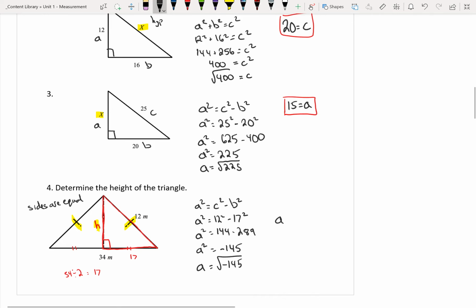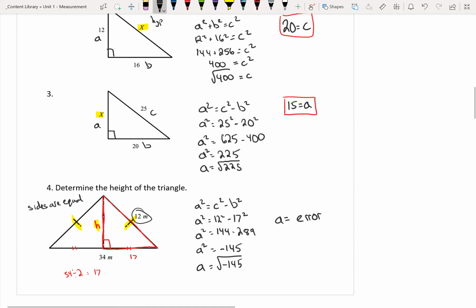And if you try to square root this on a calculator, you should get an error. And the reason you're getting an error is because you can't square root a negative number, which is fine, because if we look back at our triangle, we should recognize that our hypotenuse is smaller than a leg. What we talked about earlier, that our hypotenuse is the longest side in a triangle.